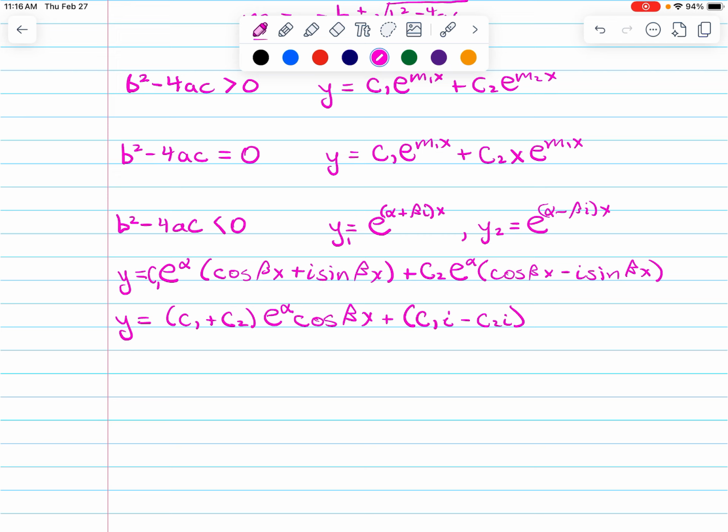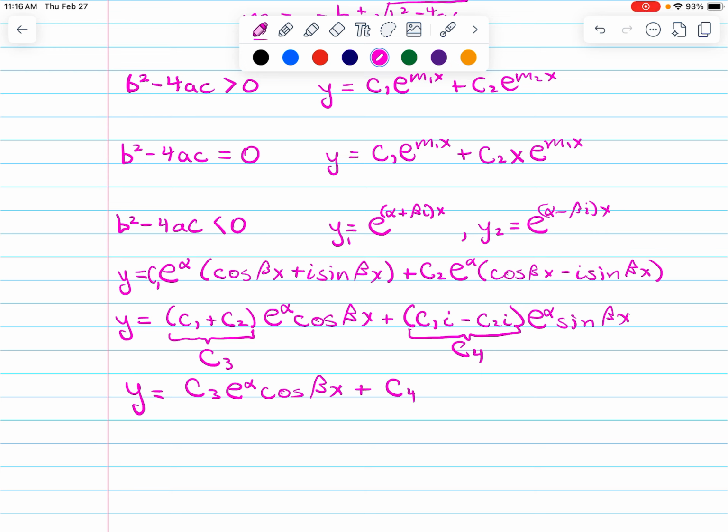And then this is going to be e to the alpha sine beta x. Then this is a constant. I'll call it C3. This is a constant. I'll call C4. And now look what we have for our solution. We have C3 e to the alpha cosine beta x plus C4 e to the alpha sine beta x.